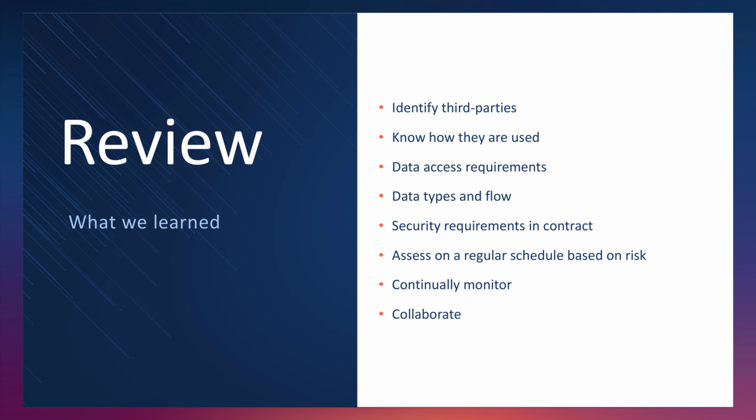We want to make sure we have security requirements in the contract, that we're assessing on a regular schedule based on the risk of the third party, that we continually monitor the third party, and that we use the collaboration piece so that we're building a stronger network together.